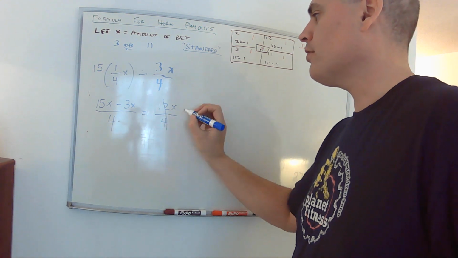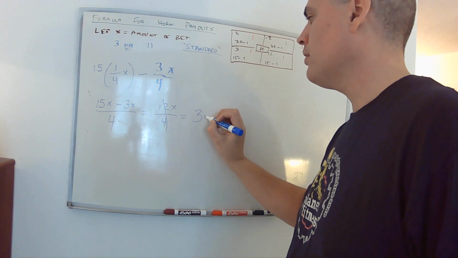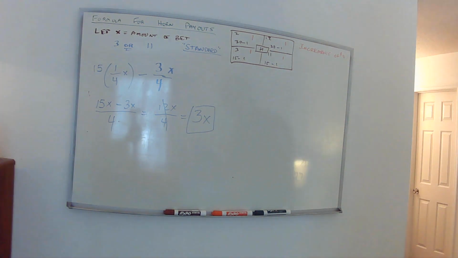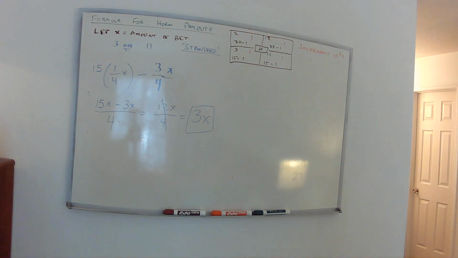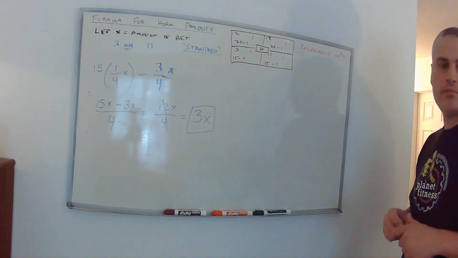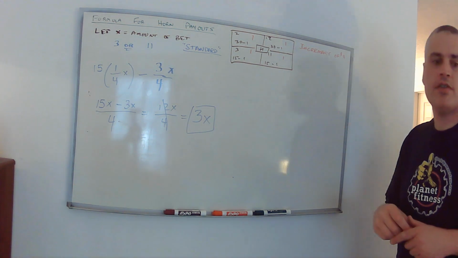The 4 goes into the 12 3 times. So it works out that the amount of my winning is going to be 3 times whatever my bet was. And again, don't believe me, let's test it out and see if it works.